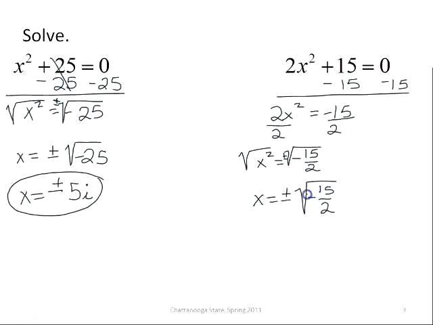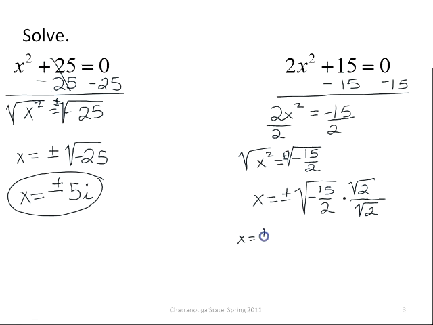So I know the negative under here is going to give me an i for my answer. But I also have the denominator under a radical. And we never want to leave an answer where the denominator is under a radical. So we need to rationalize this denominator. We multiply the numerator and the denominator by a square root of 2.